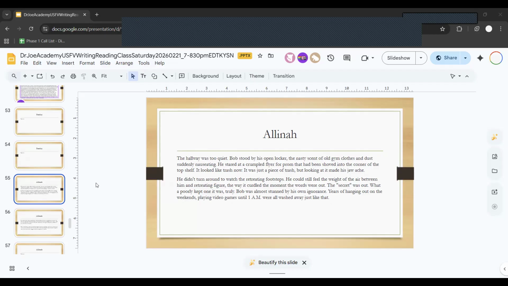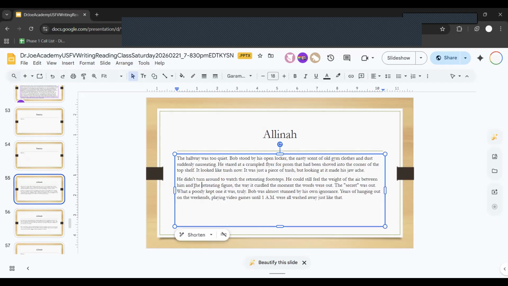He didn't turn around to watch the retreating footsteps, but he could still feel the weight of the air between him and the retreating figure, the way it curdled the moment the words were out. The secret was out. What a poorly kept one it was, truly. Bob was almost stunned by his own ignorance. Years of hanging out on the weekends, playing video games until 1 a.m. were all washed away just like that.